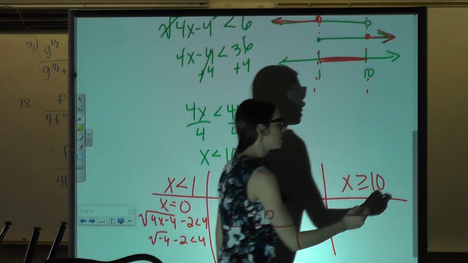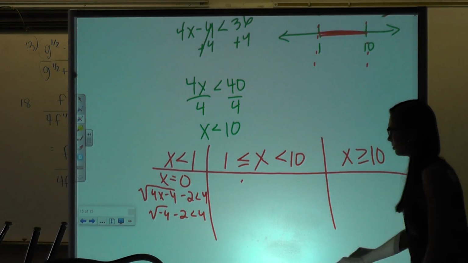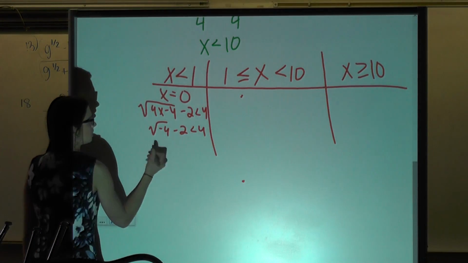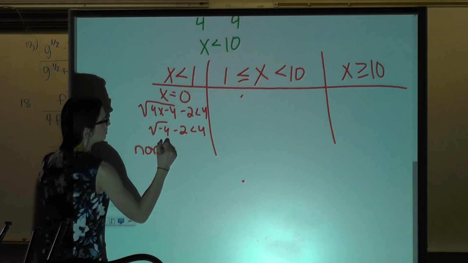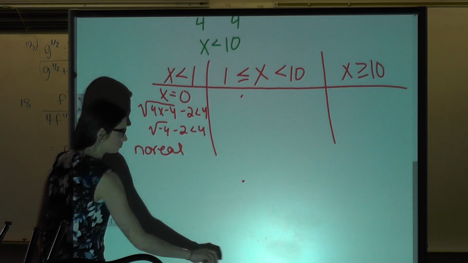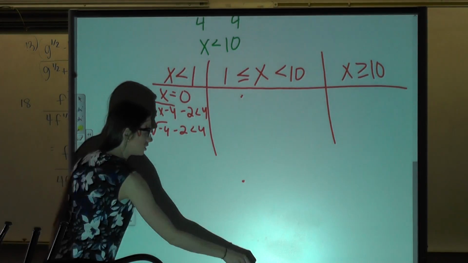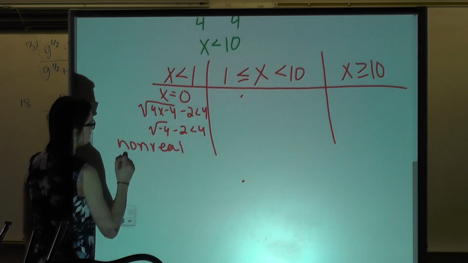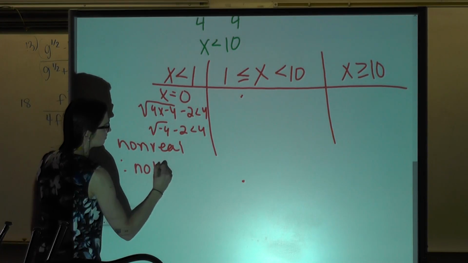Can you have a negative number under a radical? Non-real. Therefore, not satisfied.